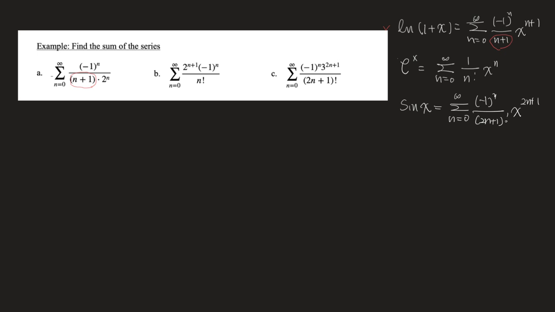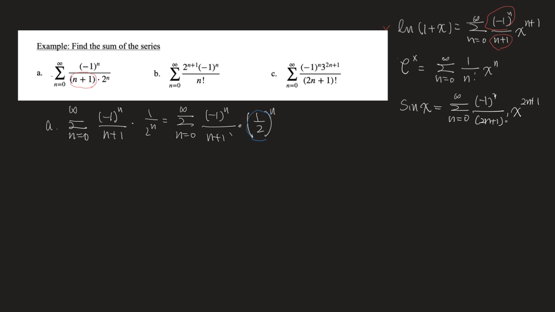Keep in mind that this is going to represent the ln function. So negative 1 to the n, same thing as negative 1 to the n plus 1, times 1 over 2^n. Another way you write it, n equals 0 to infinity, negative 1 to the n plus 1 times 1 over 2^n.